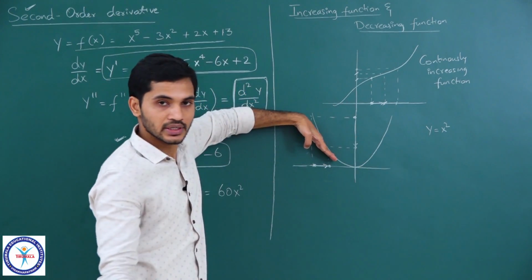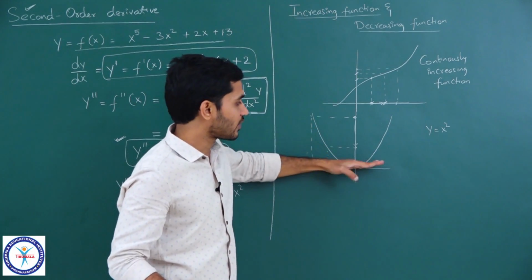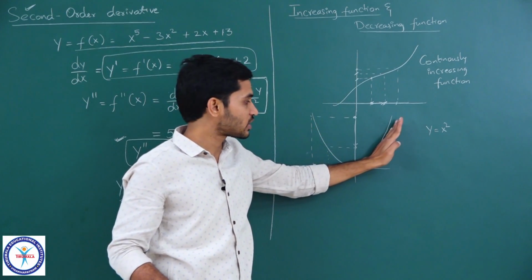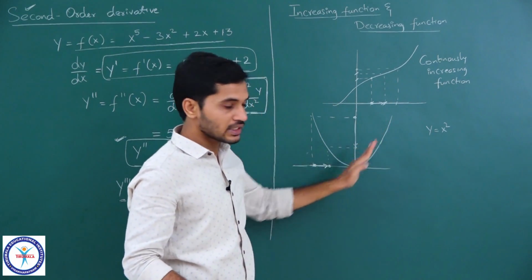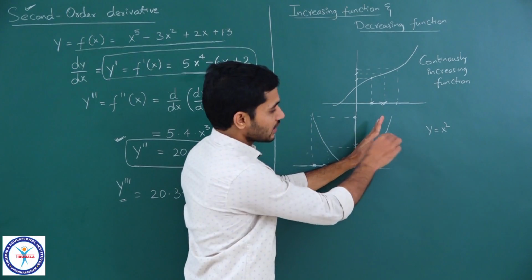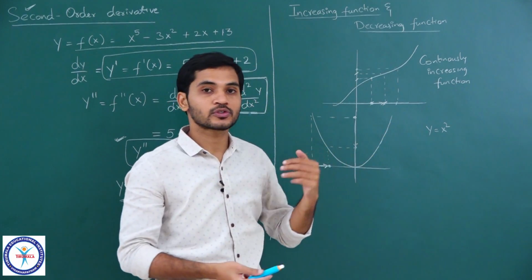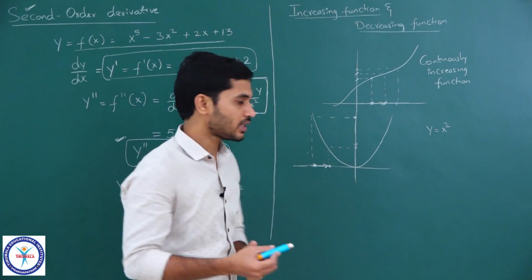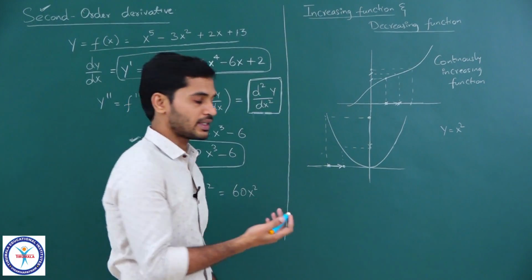Obtuse, right, which means the slope is negative. In the same manner, if I go to the position where the function is increasing, the angle that it makes with the positive x axis is acute, which means the slope is positive, right. So, that is how we decide whether a function is increasing or decreasing.